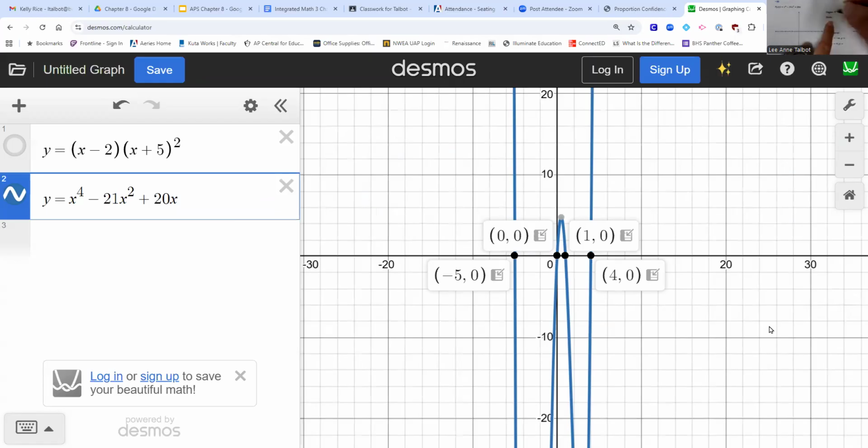So underneath the root spot: x equals -5, x equals 0, x equals 1, x equals 4. Do you guys see where I got those from? Okay, we're going to do 2 things with this information.